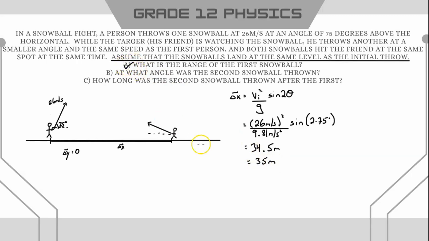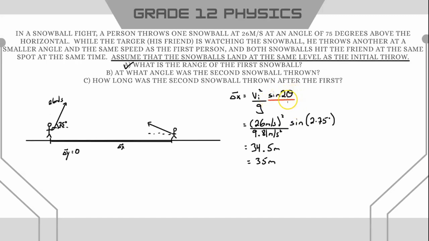I'm going to check. Next, at what angle was the second snowball thrown? This seems pretty complicated, but since they have the exact same range, let's look at this equation again, specifically our 2 theta right here.